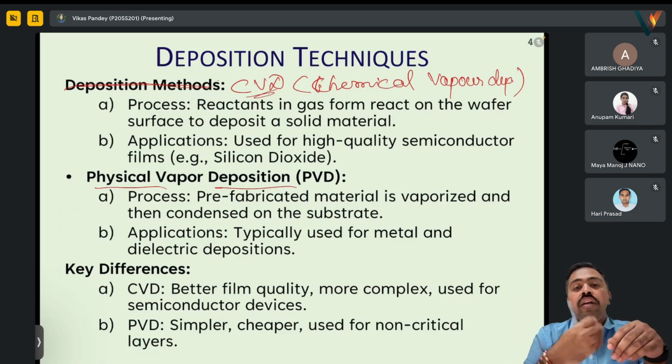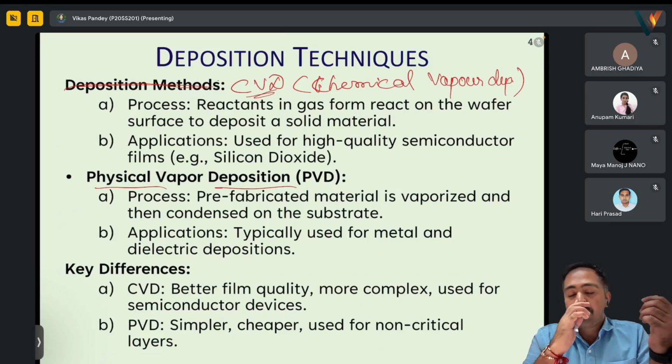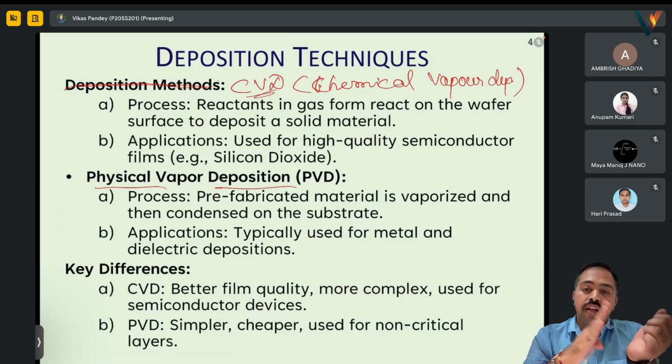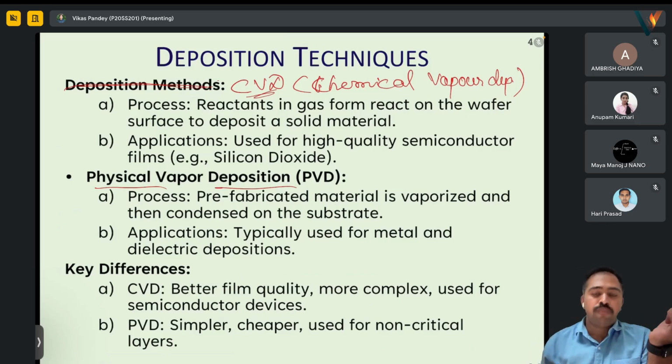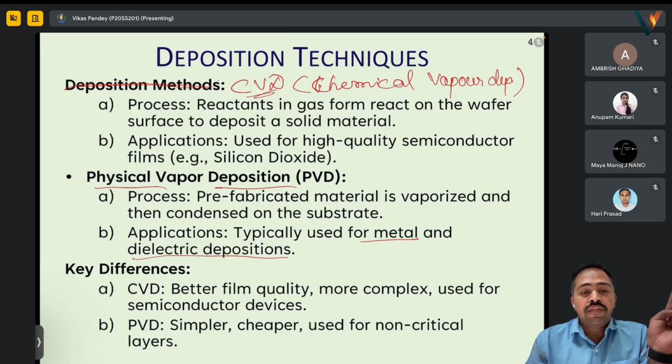Like we will evaporate it or create a plasma out of it and then deposit over another material. Again, condense over it. It is more common in the case of metals and dielectric deposition where we don't want very good quality ones.